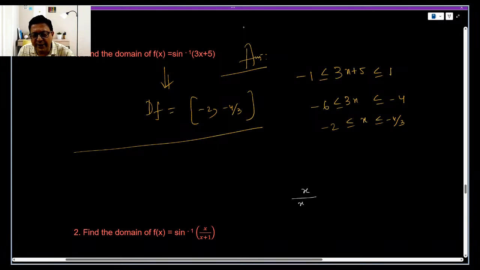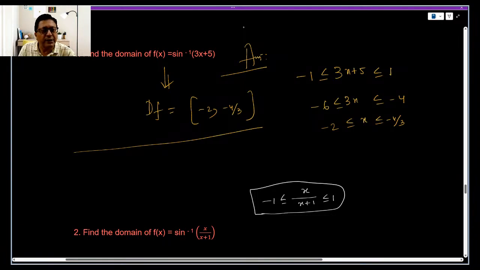This x by x plus 1 should be greater than or equal to minus 1 and less than or equal to 1. Agree? Because the domain of sine inverse x is minus 1 to 1. Any other function works the same way.